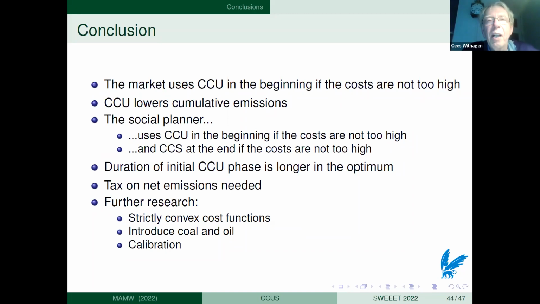Yes, so the point is that the initial stock is important because we assume that the per unit extraction cost depends on the initial stock. If the initial stock is very high and you have a linear per unit extraction cost, then the cost of extraction is equal to zero.